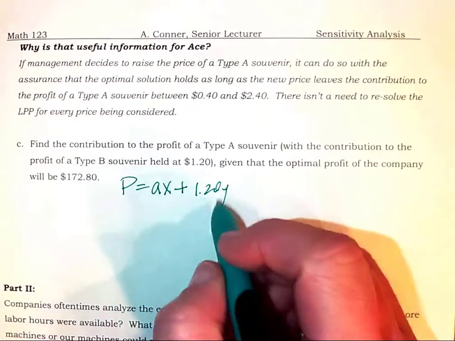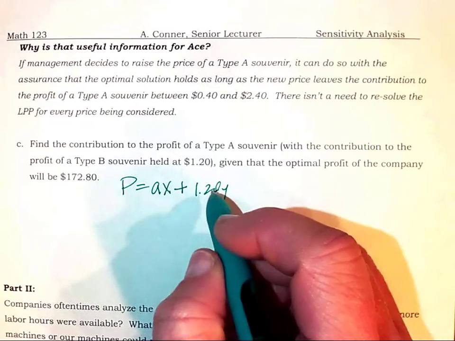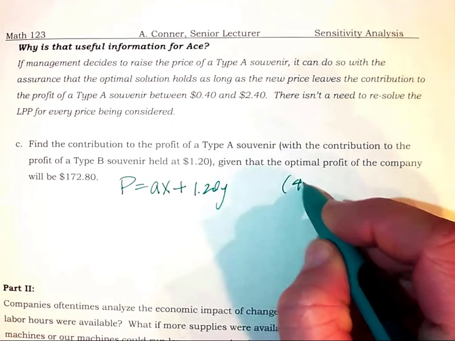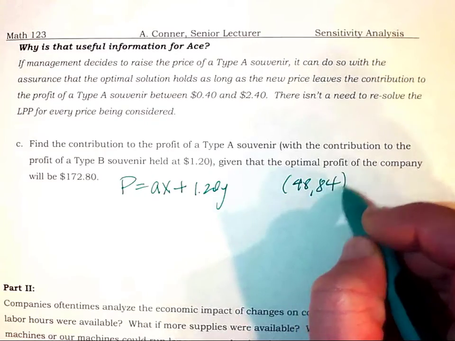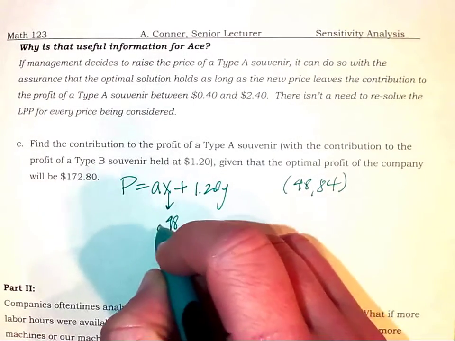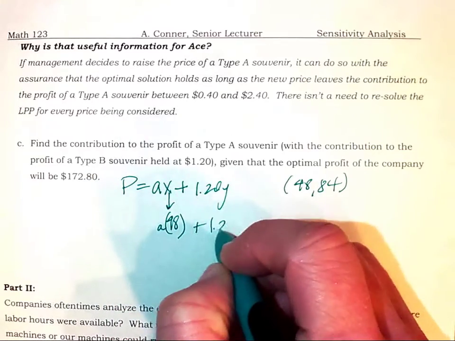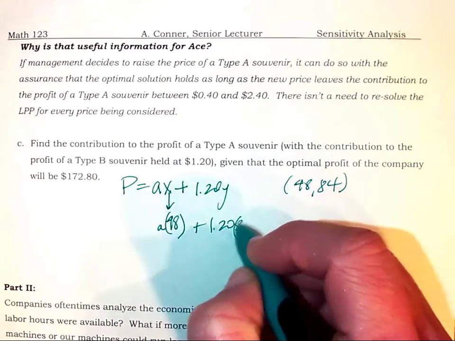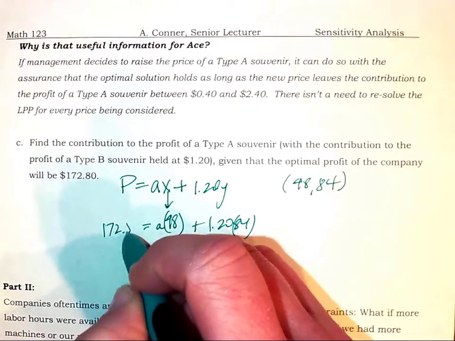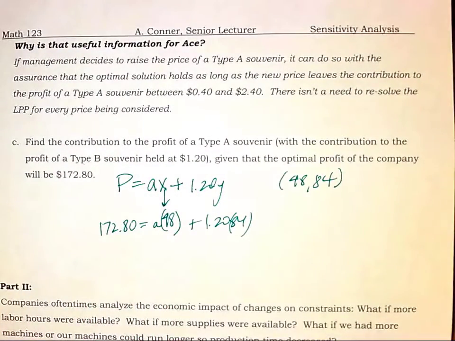So here, type B is held at 1.20. We still know, though, that we're keeping the 48, 84 optimal mix. So X is still going to be 48. Y is still going to be 84. But now my profit is going to be defined as being 172.80.